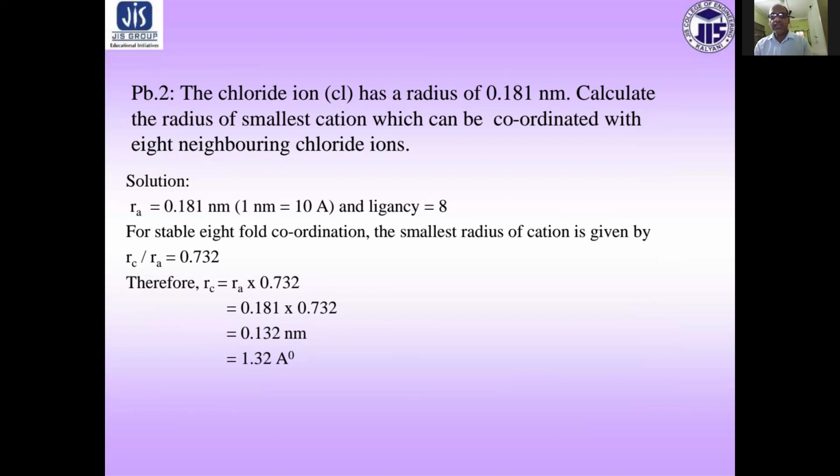For stable 8-fold coordination, the smallest radius of cation is given by, as you know from the table, Rc by Ra equal to 0.732, because in 8-fold coordination it varies from 0.732 to 1. So for the smallest radius of cation, it will be 0.732 only. Therefore, we can easily calculate Rc, which is 0.132 nanometer, that is 1.32 Angstrom.